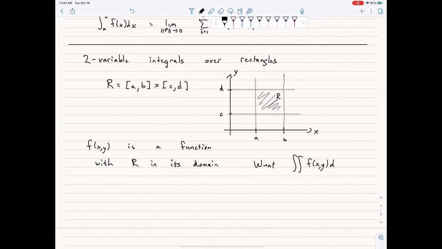And what we're going to look for here, I mean, we know what we want from the meaning of this, which is if we take the graph of our function f and we look at it over R, we want this to be the volume under the graph between the xy plane and the graph of f over R. Of course, just like in one variable calc, we don't want volume as much as signed volume.